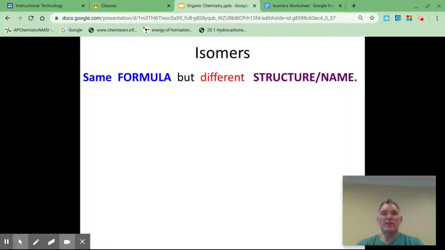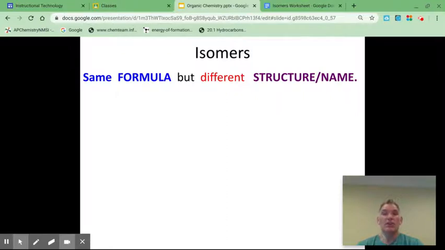So if you think about your hydrocarbons you were doing the other day, sometimes we're going to get the same exact formula, but the structure, the way it's built, is going to be different. And because the structure is different, the name is going to change and tell us that the isomer is indeed true.